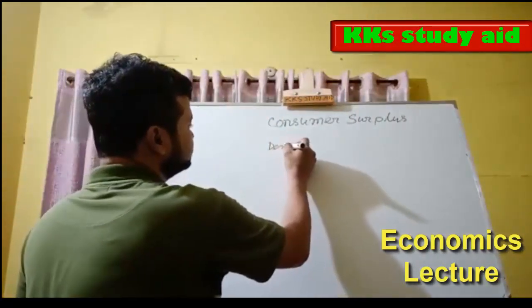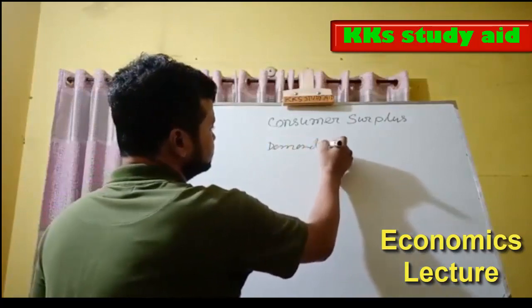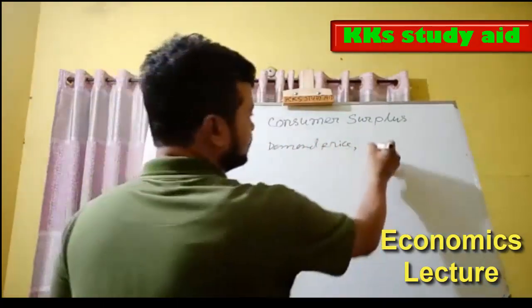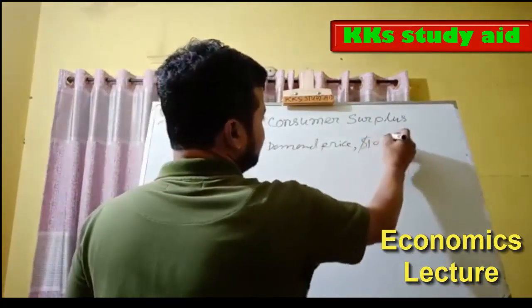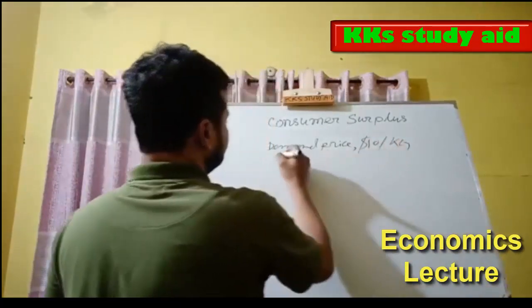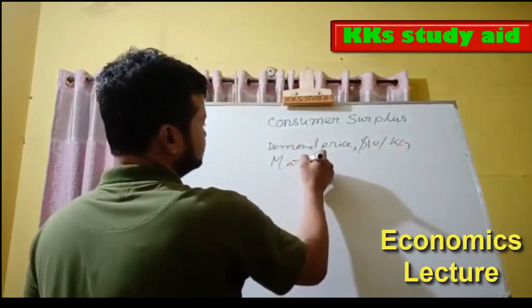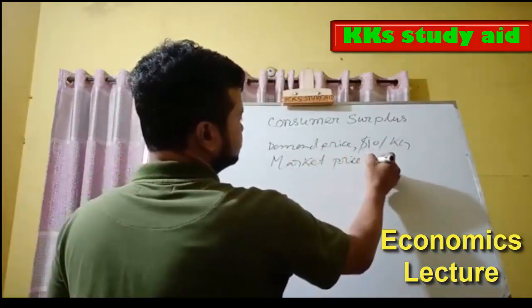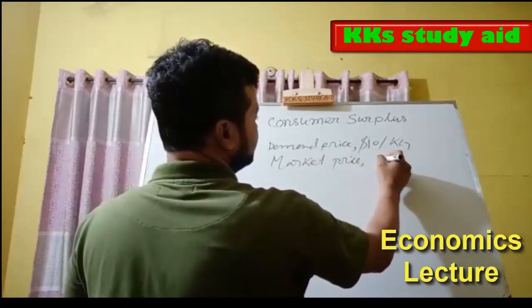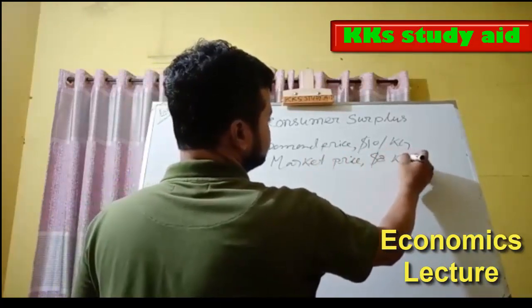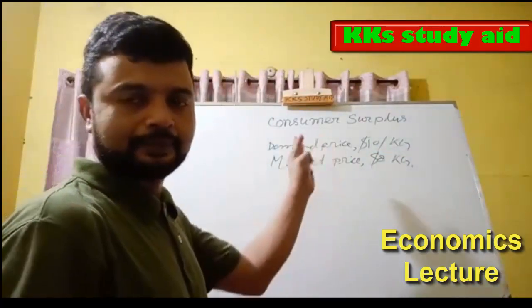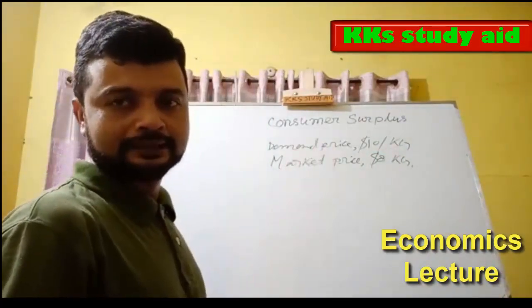Demand price is to be $10 per kg. Market price, say it is to be $8 per kg. So here we obviously see that the demand price is higher than the market price.